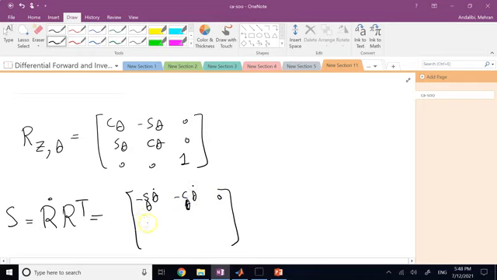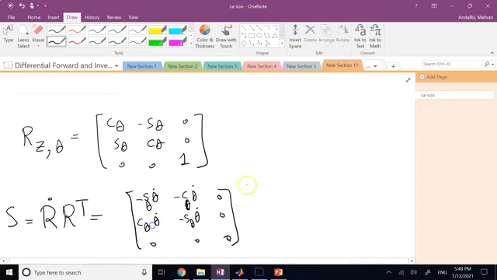This is cosine theta, theta dot. This is negative sine theta, theta dot. Then 0, 0, 0, 0. And this one has time derivative of 0, of course. Good. So far, that's the R dot.